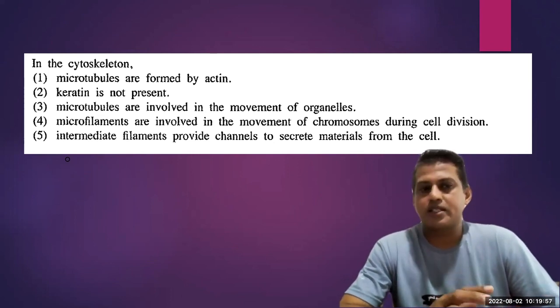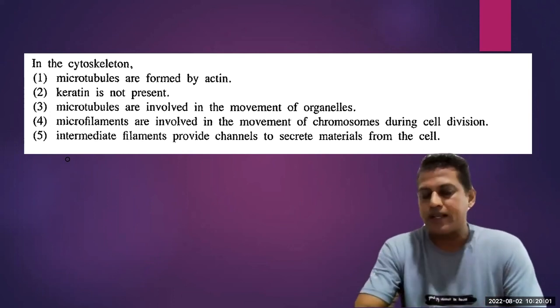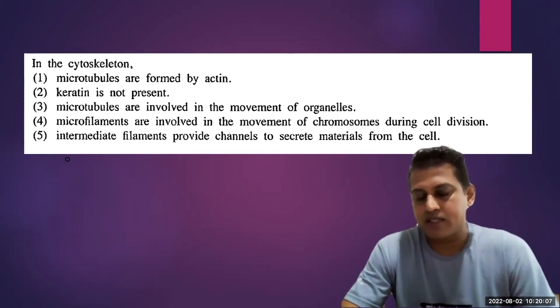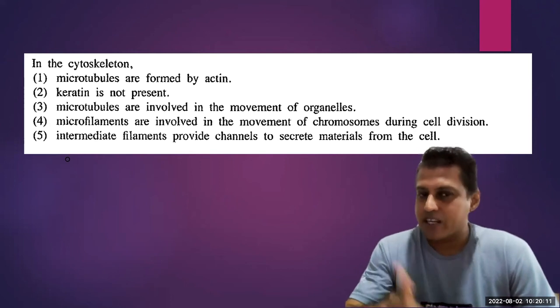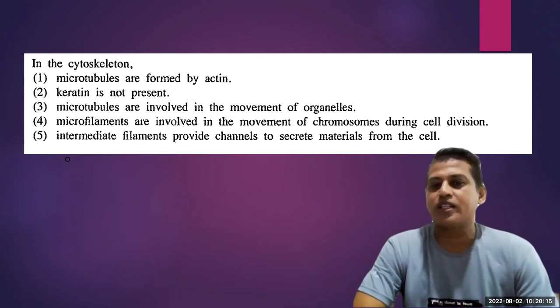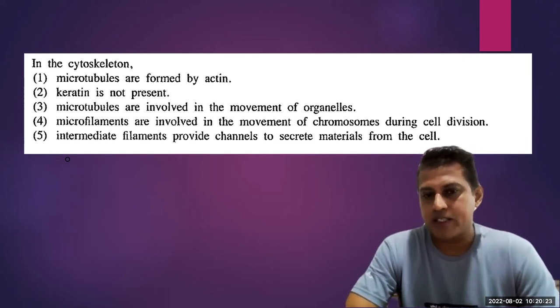So the third one is the correct answer. If we try to see what is wrong with the fourth and fifth, microfilaments are involved in the movement of chromosomes during cell division. No, it's microtubules. Fourth one, microtubules are involved in the movement of chromosomes during cell division. Fifth one, intermediate filaments provide a channel to secrete material.